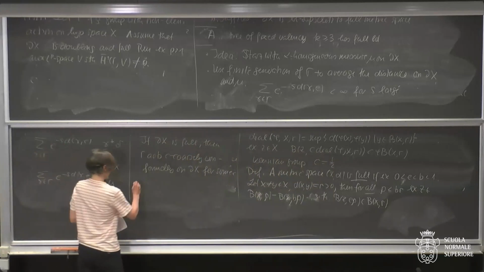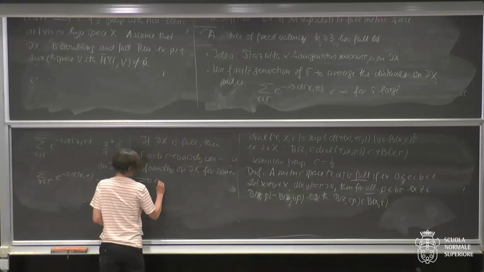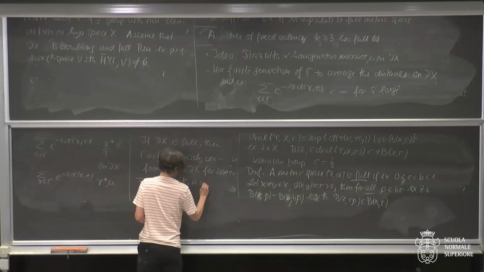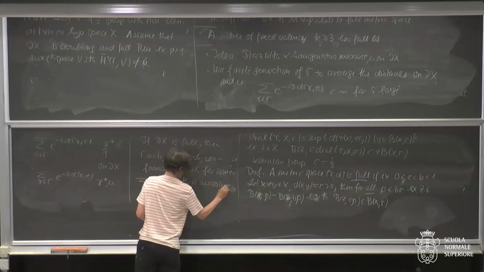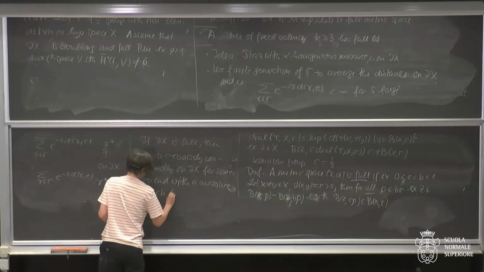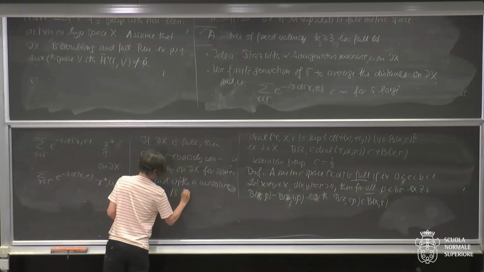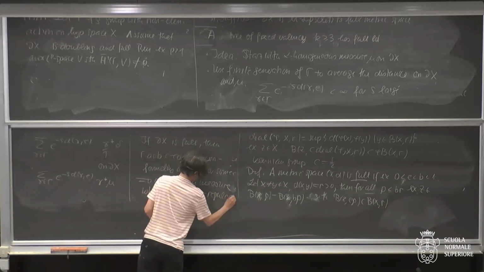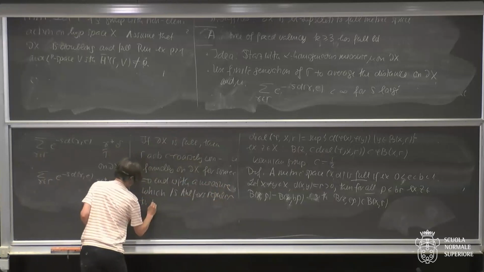At the end of the day, you end up with a measure which is alpha-regular for some new distance.